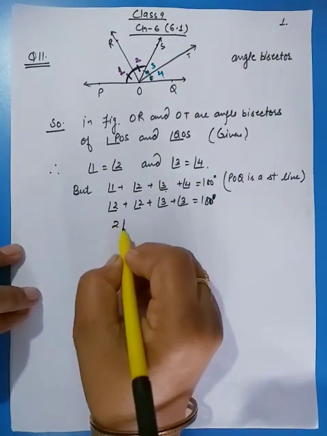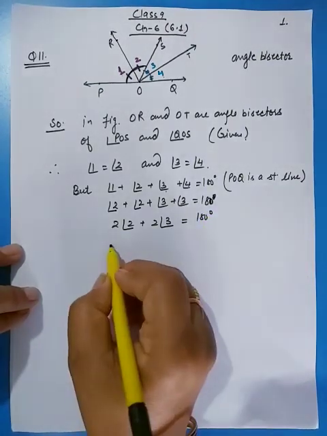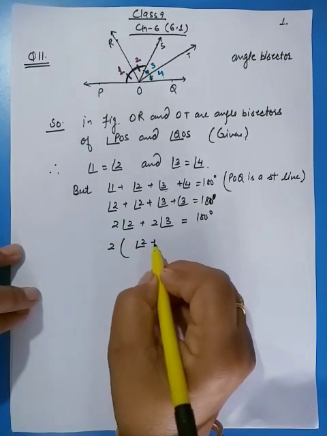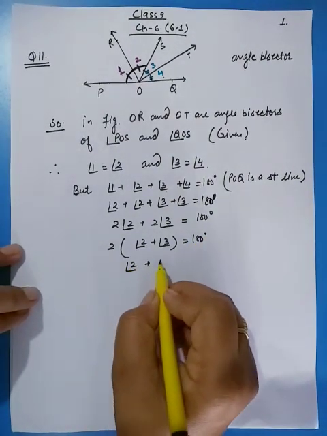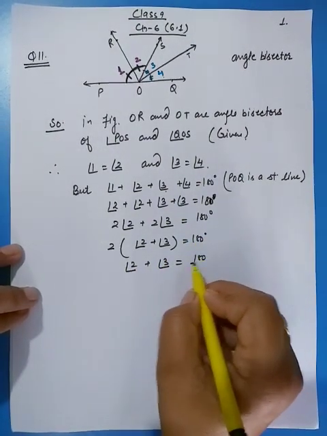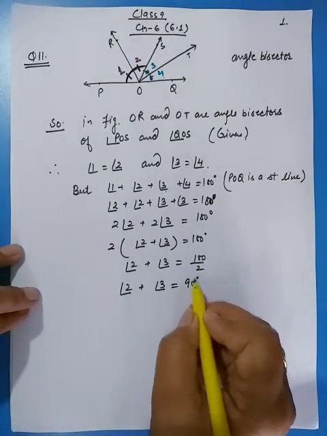And we get double of angle 2 plus double of angle 3 is equal to 180. 2 into (angle 2 plus angle 3) is equal to 180. Angle 2 plus 3 is equal to 180 by 2, and we get angle 2 plus 3 is equal to 90 degrees.